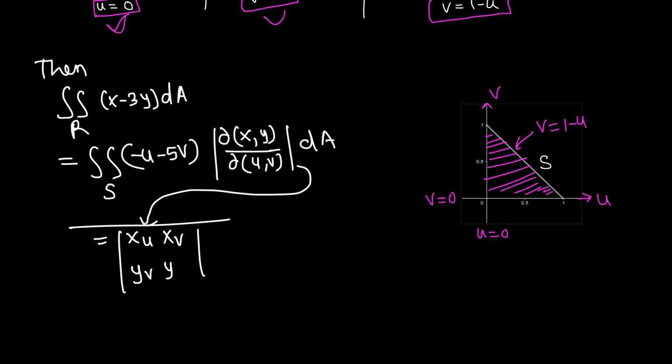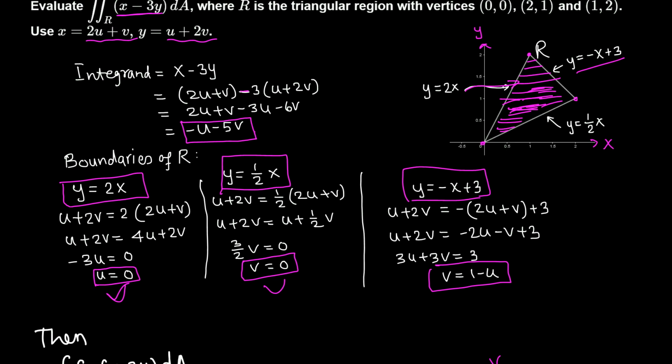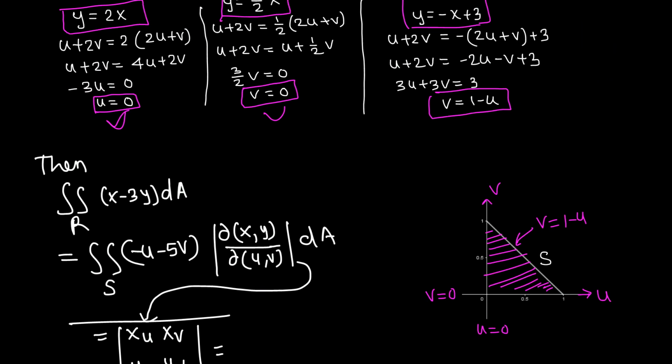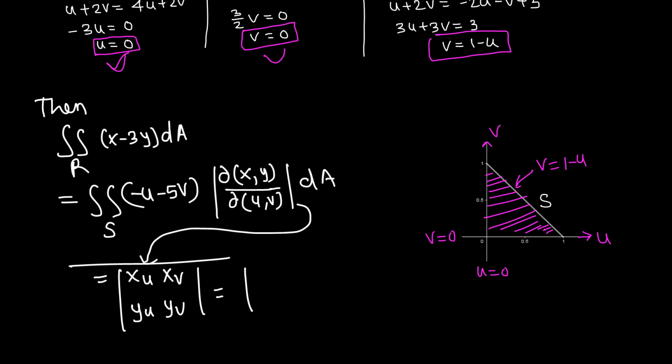If we go up, x is 2u plus v, so the partials are 2 and 1.